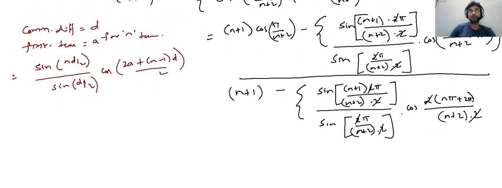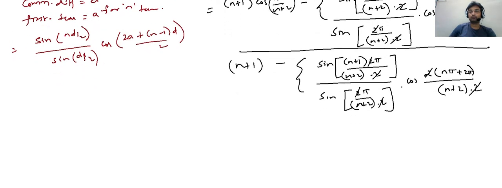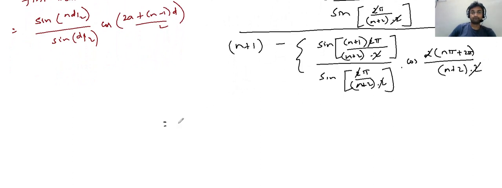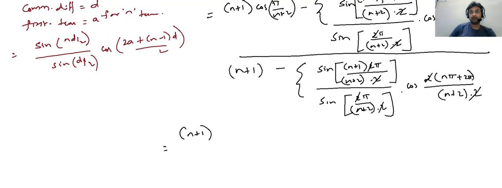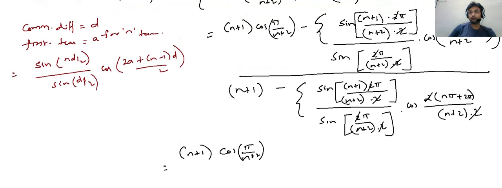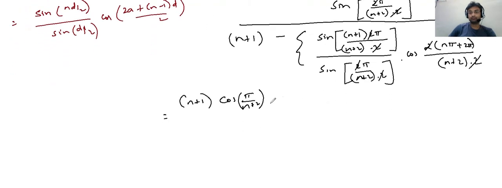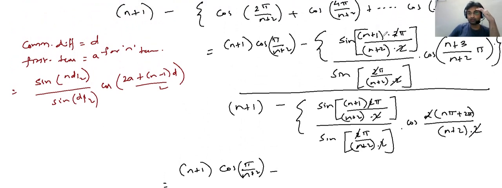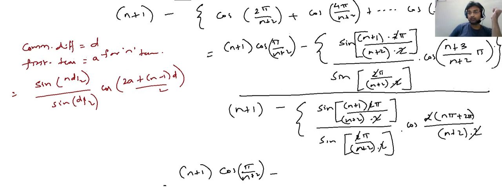Now proceeding ahead, we have n plus 1 multiplied by the same thing, cosine of pi divided by n plus 2 minus. Now just check out what is given over here, n plus 1 pi divided by n plus 2, and over here pi divided by n plus 2.